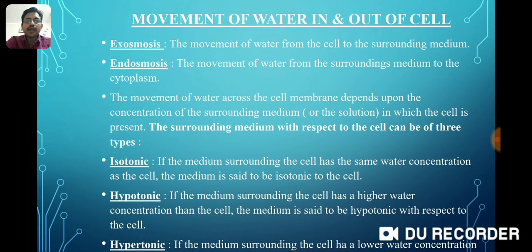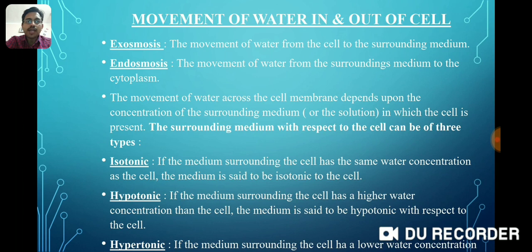Thus, movement of water in and out of the cell can be described in terms of exoosmosis and endoosmosis. Once again, I would like to explain exoosmosis and endoosmosis. Exoosmosis is the process of movement of water from the cells to the surrounding medium, while endoosmosis is the movement of water from the surrounding medium to the cytoplasm.